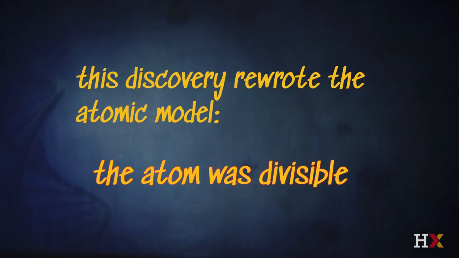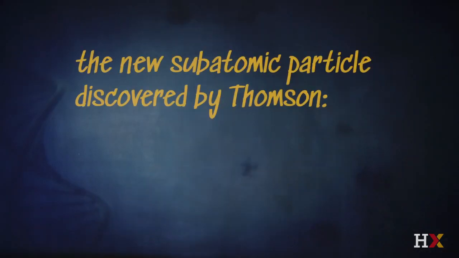And it was that fact, along with the proven demonstration that these particles were negatively charged, meant that there was some positively charged aspect to that atomic structure that was buried inside, as yet undetermined and undiscovered. So this new subatomic particle discovered by Thomson, he called the electron.